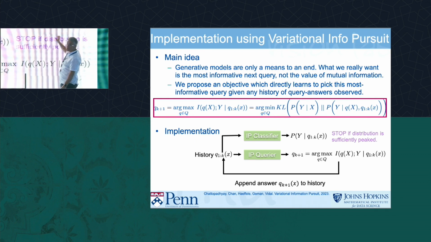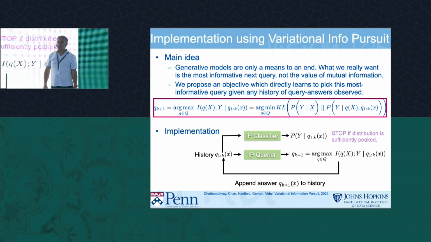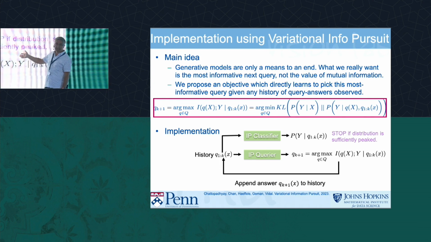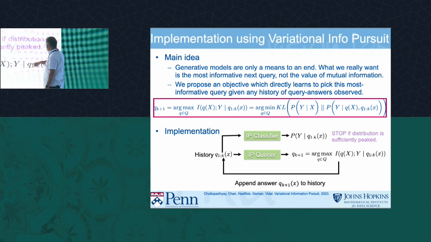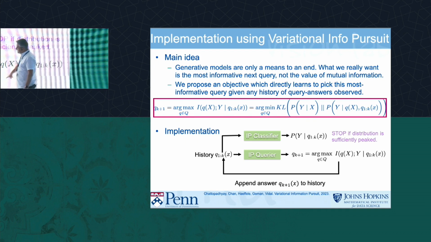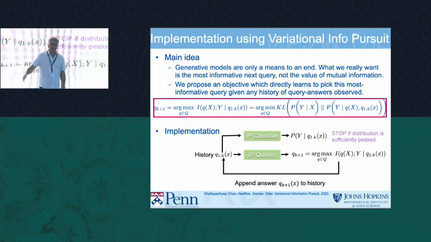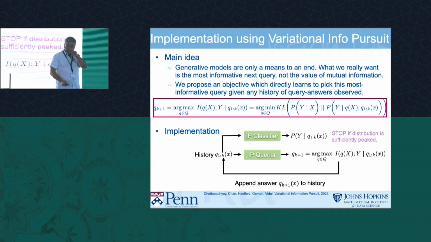And therefore, we can use this right-hand side, the KL divergence, as the criteria for training both the classifier and the querier. Okay? And then, once we select a new query, we pass it back as an input again, and we repeat the process. So this is a recursive method.